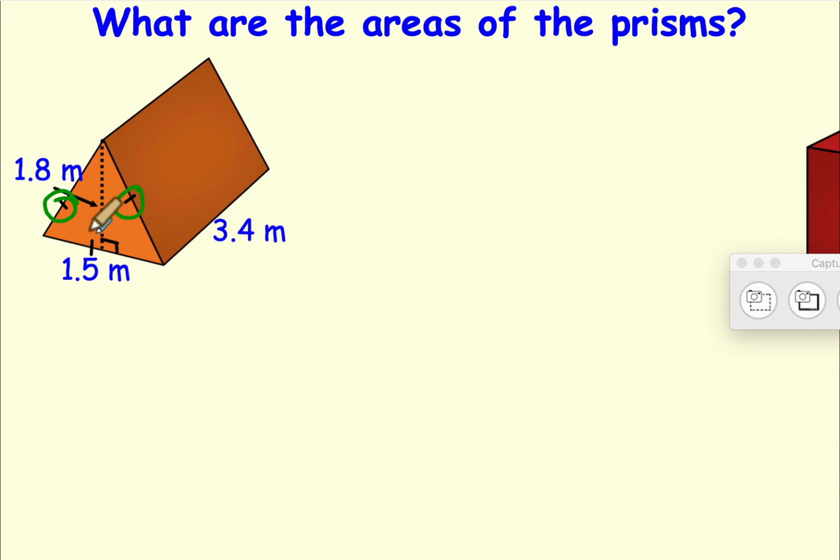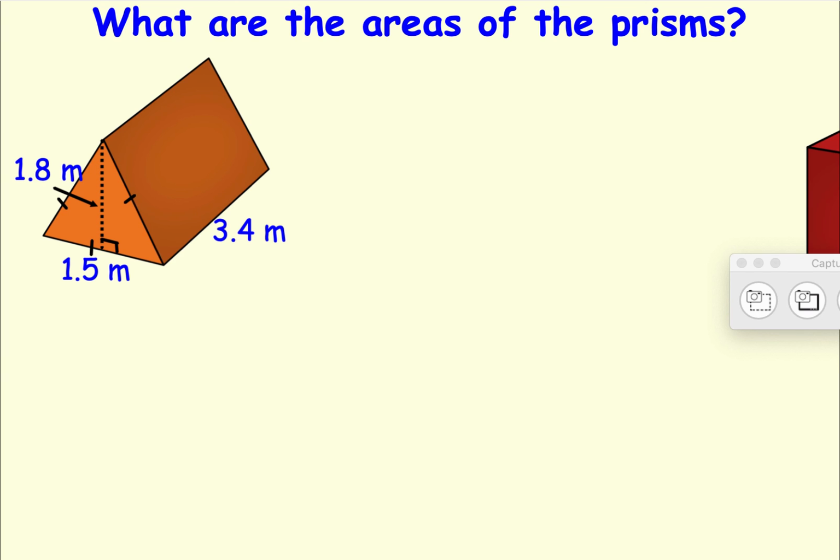Remember, those are called congruency symbols, and they mean that those three sides of the triangle all measure the same. So if the bottom one measures 1.5 meters, that means this side here measures 1.5 meters, and that side there is 1.5 meters. But notice that 1 8/10 meters is pointing to the height of the triangle.